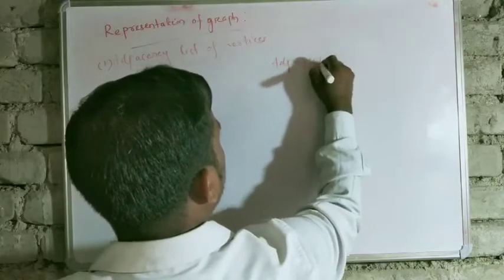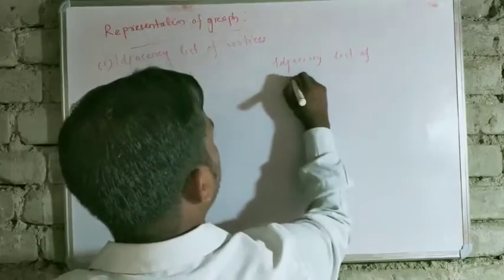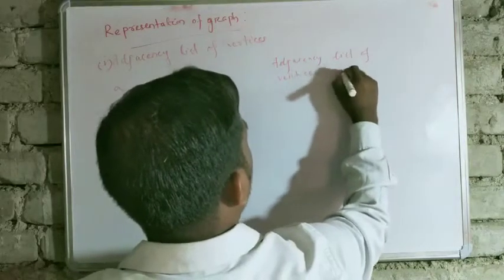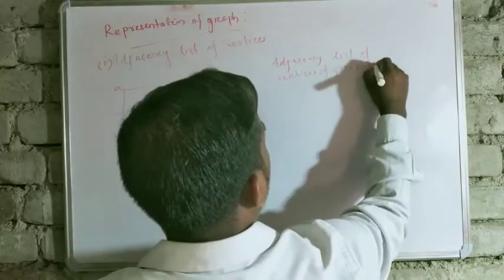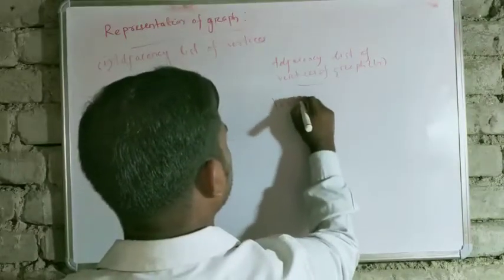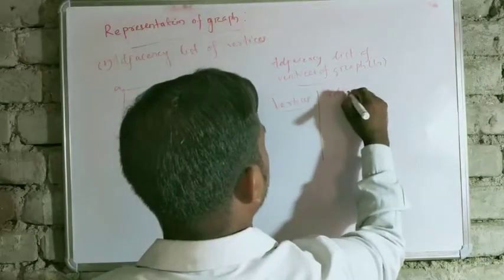Adjacency list of vertices of graph G. Okay, first column I will write the vertices. Second I will write the adjacency vertices.